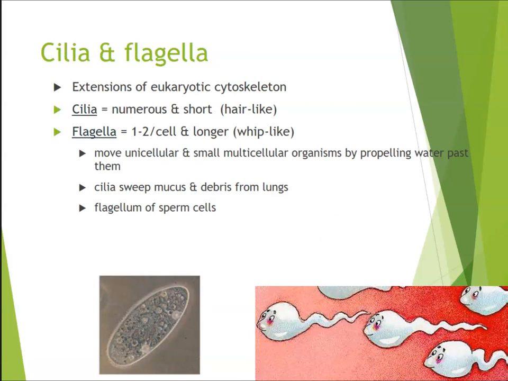Cilia and flagella are extensions of the cytoskeleton that go outside of the cell membrane. Cilia are numerous. They are a bunch of small little hair-like projections that would surround an entire cell. And flagella are 1 to 2 extensions, and they're longer, kind of like the flagellum of sperm cells.